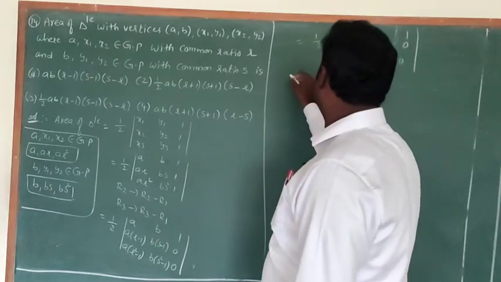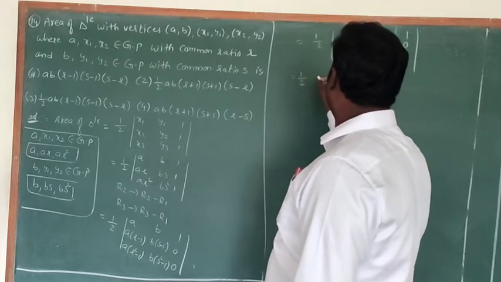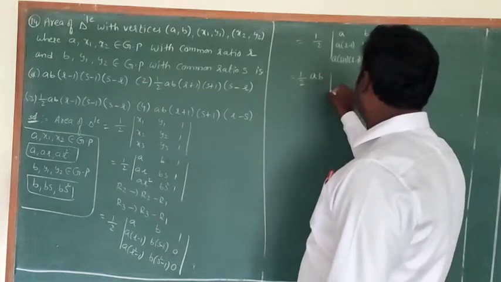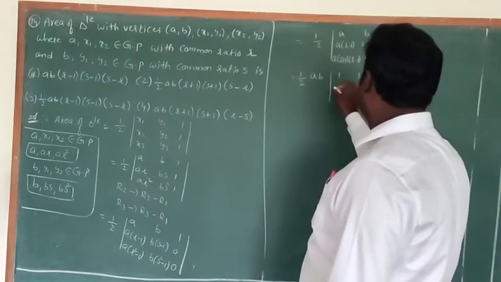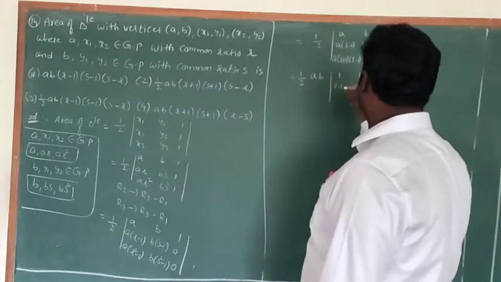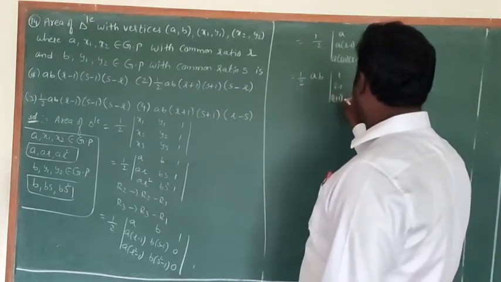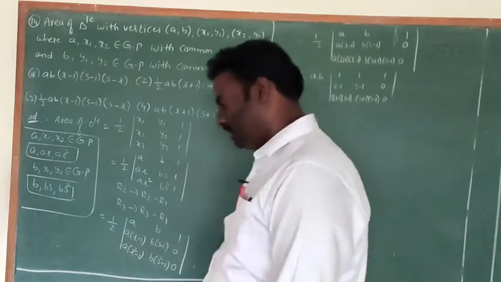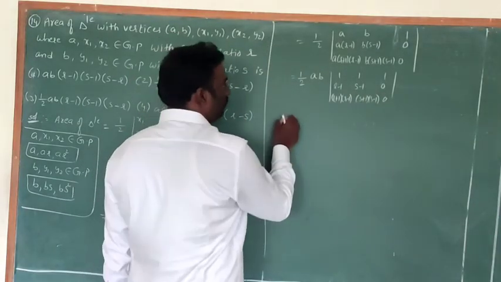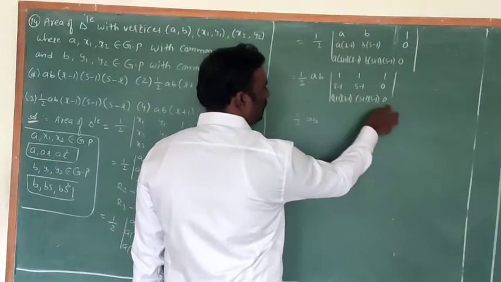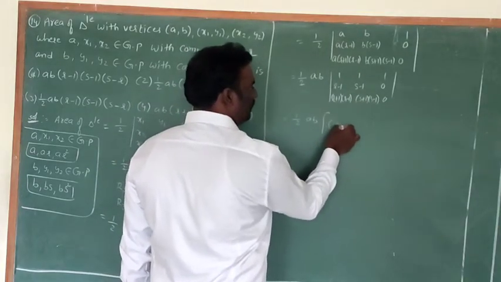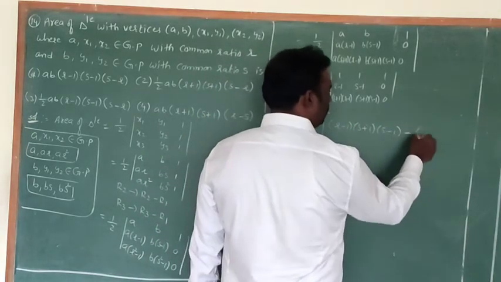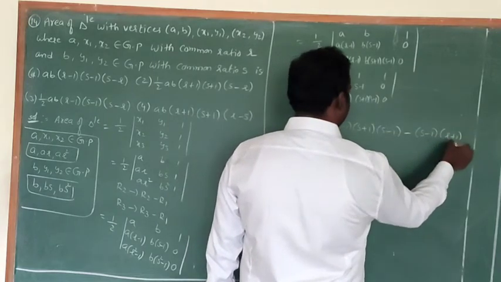In the first row I can take A common, and in the second row you can take B common. So find the determinant. Half AB, multiply this minus this, means R minus 1, S plus 1, S minus 1 minus S minus 1, R plus 1, R minus 1.